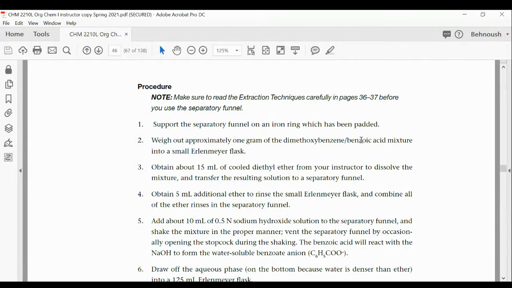For this experiment, you don't do percent yield because it's not a reaction. It's percent recovery. We already know we started with 1 gram and we want to know how much of that is going to be recovered. The safe way to calculate percent recovery is to add the values for both compounds you recover at the end. Let's say one is 0.5 grams and the other is 0.45 grams.